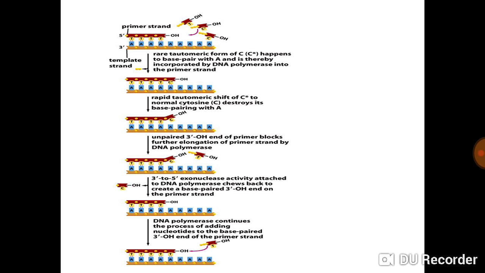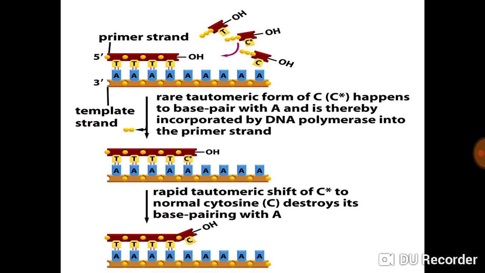So the next step during DNA replication is the initiation. Replication begins at a location of the double helix known as ORIC, O-R-I-C, to which certain initiator proteins bind and trigger unwinding.